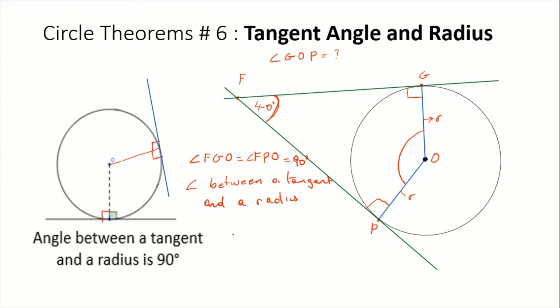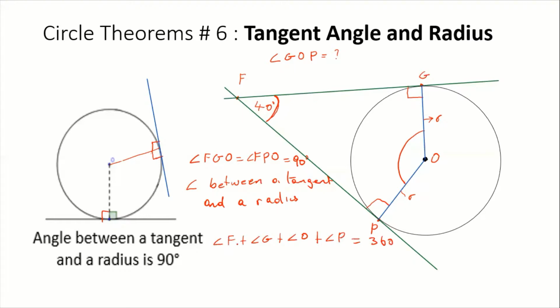So you could write another statement now to say angle F plus angle G plus angle O, which is the angle that we want to find, plus angle P must equal 360 degrees, right?